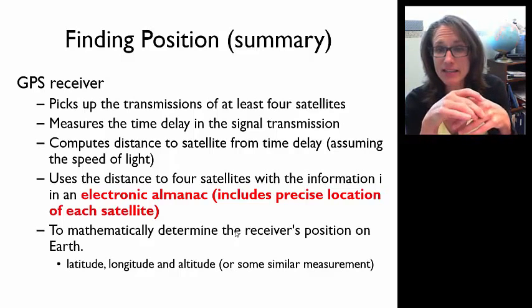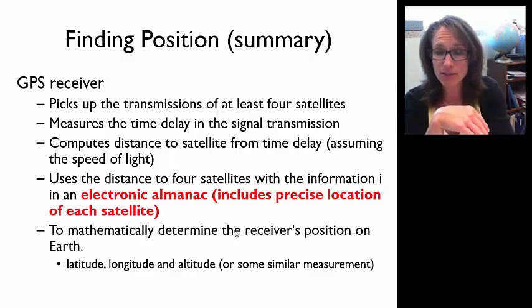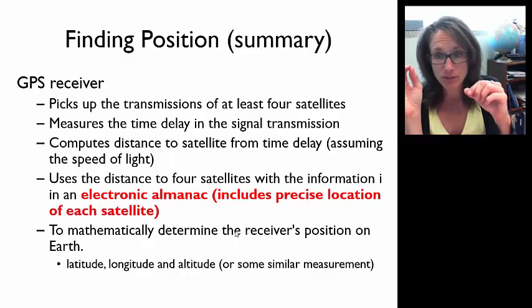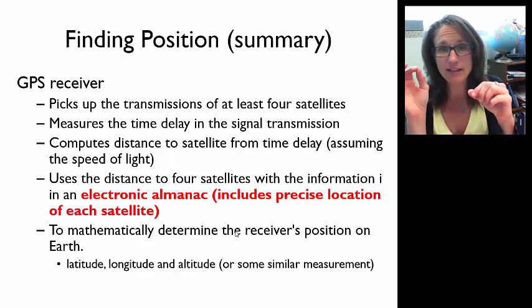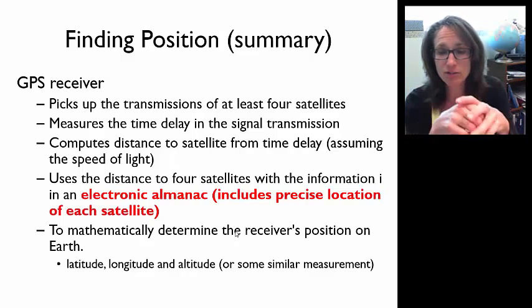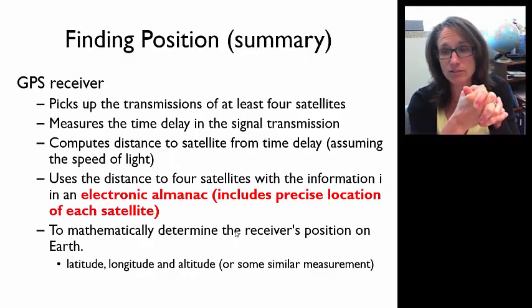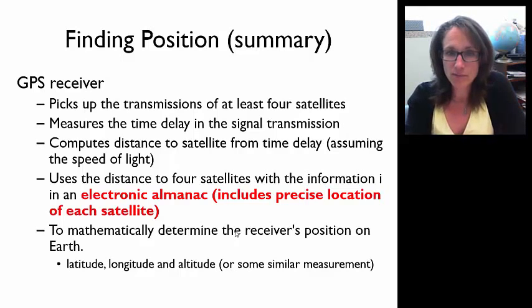And then it combines those distance measurements with the information from the navigation message, which includes the precise location of each satellite, to trilaterate to determine the receiver's position, which is recorded in the GPS unit as latitude, longitude, and elevation. So that summarizes what we have going on with a GPS receiver calculating your position.